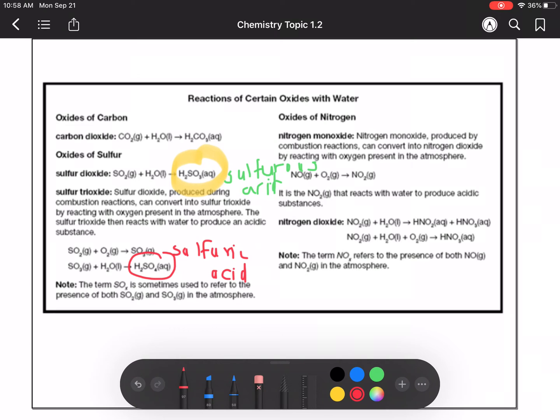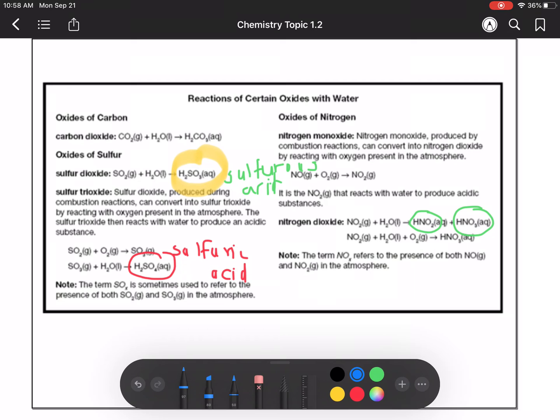So then the next one, oxides of nitrogen. We've got our NO, or nitrogen monoxide. With oxygen, we'll create NO2. And then NO2 with water can create a couple different acids, HNO3 and HNO2.